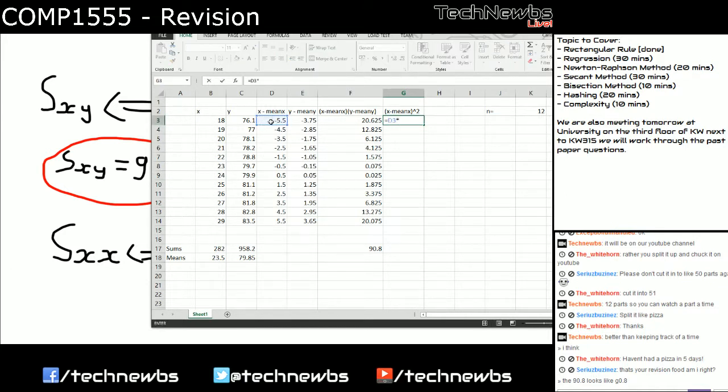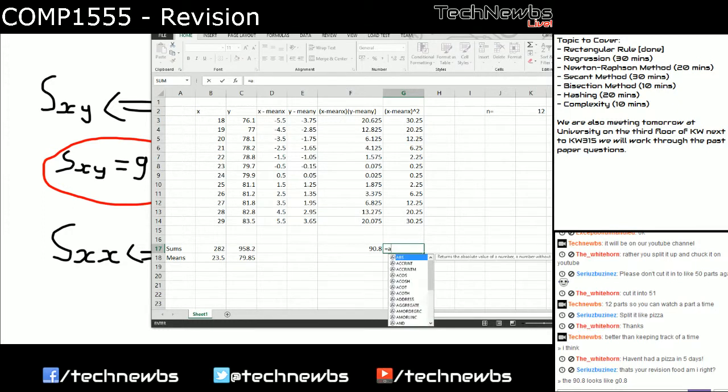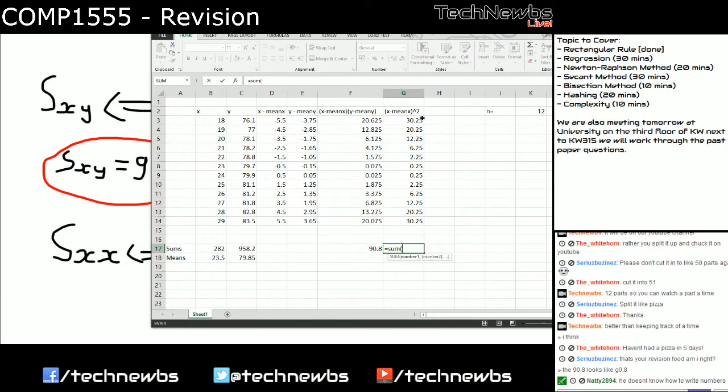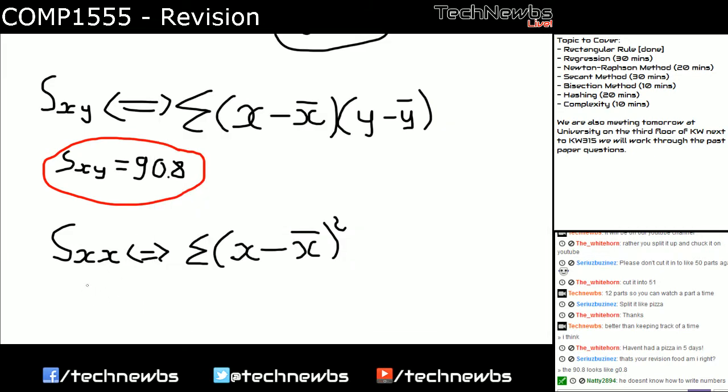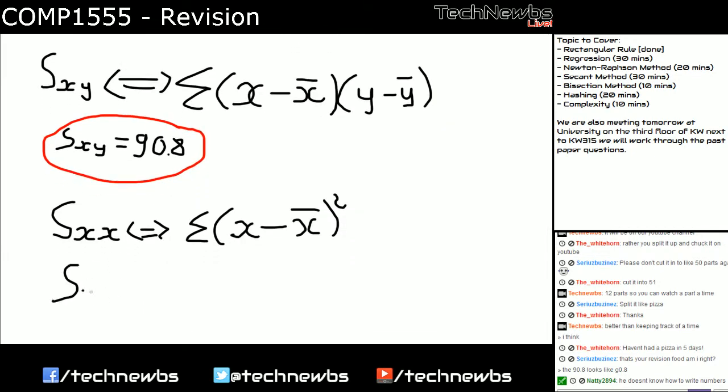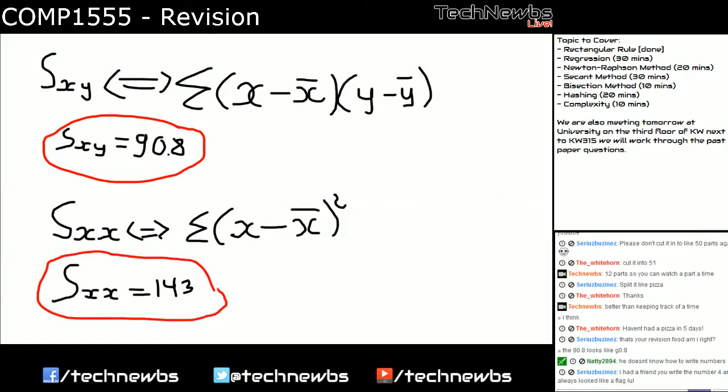So you just times the same value by itself, and then find them all, and you get a sum. And it should come up with 143. So Sxx is equal to 143. This obviously will take ages in the exam, but yeah.